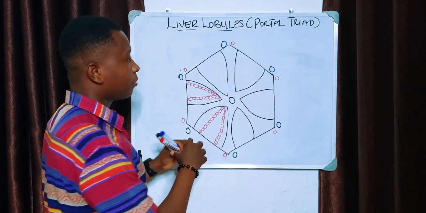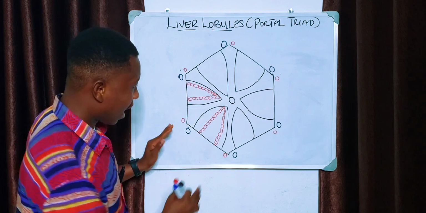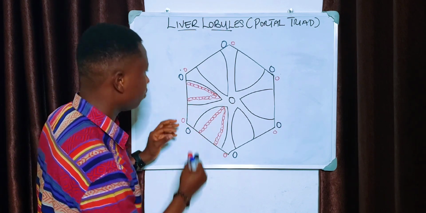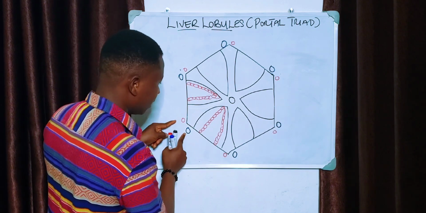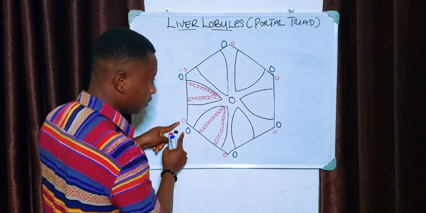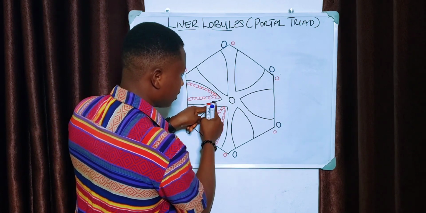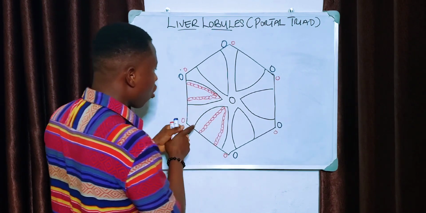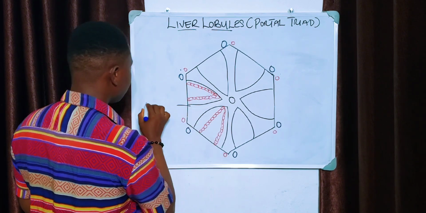All right. Now, having said that, let's go into what happens in the liver lobules. This artery and the vein, they drain into this space. Now, this space is called the sinusoid.